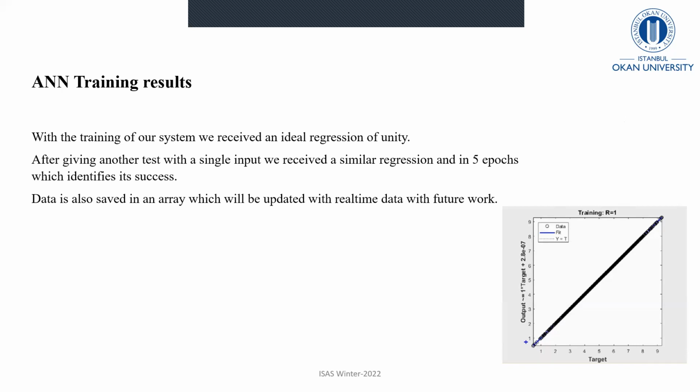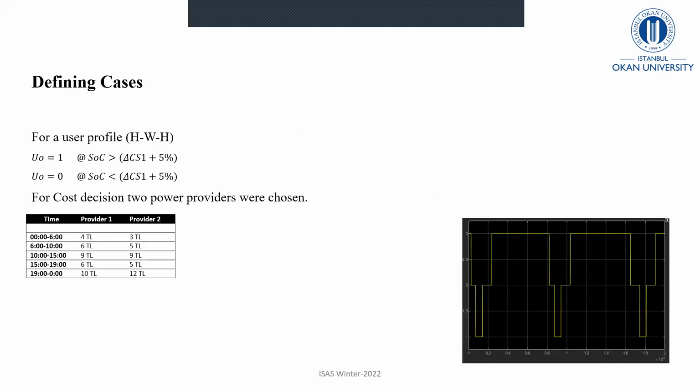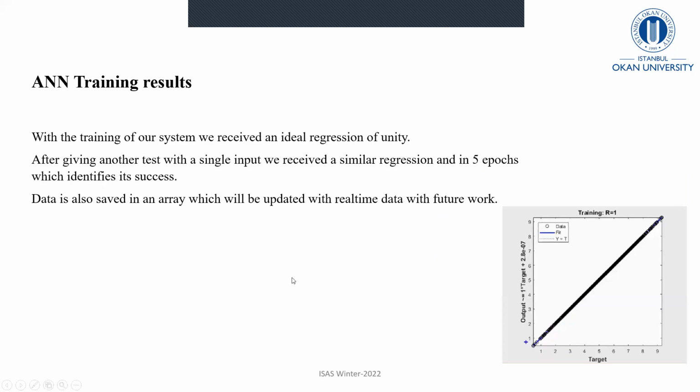It was run for 1,000 random cases, for example 1,000 random amounts. In some cases the amount was higher, in some lower, in some equal. It decided on its own, and it trained the system. Now our system is ready to implement.